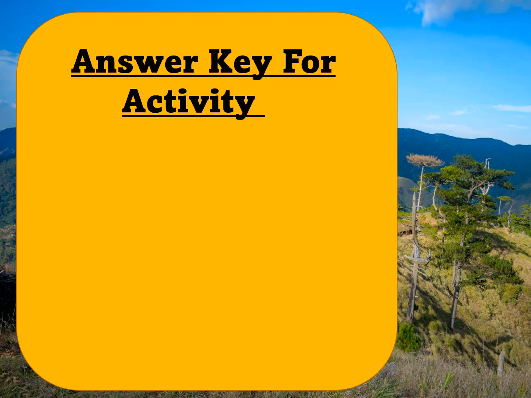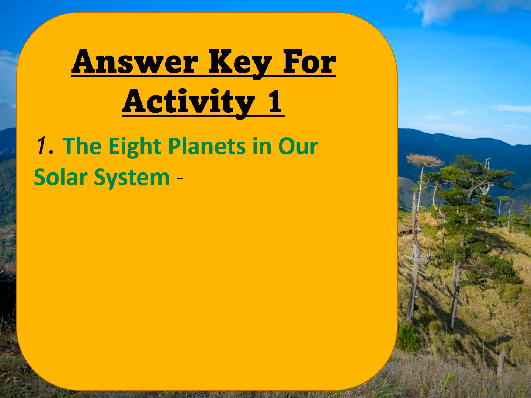Answer key for activity 1. Number 1. The 8 planets in our solar system is the subject and is the verb. Number 2. Billiards is the subject and relaxes is the verb. Number 3.